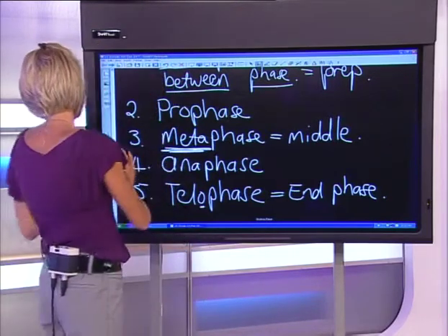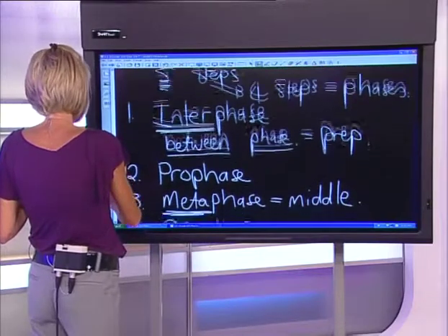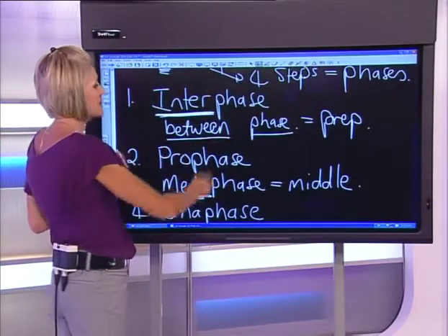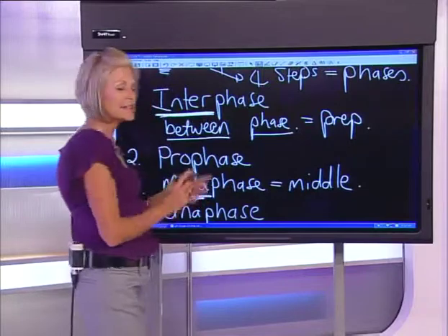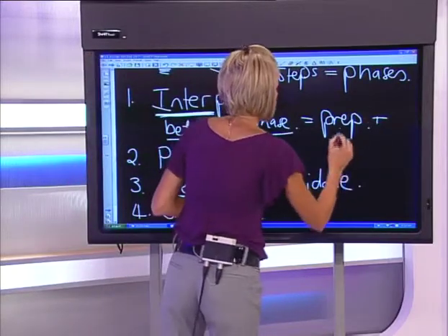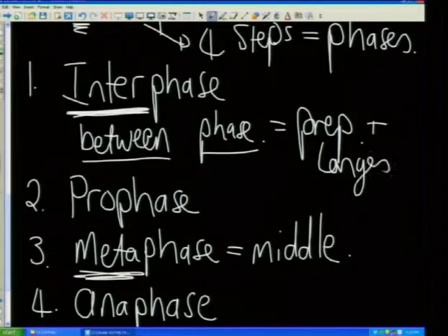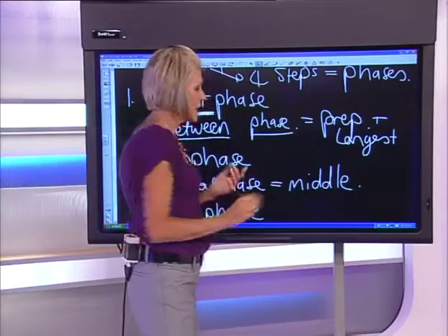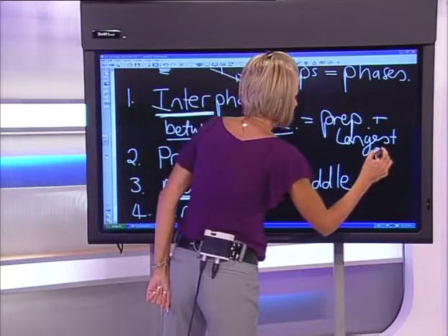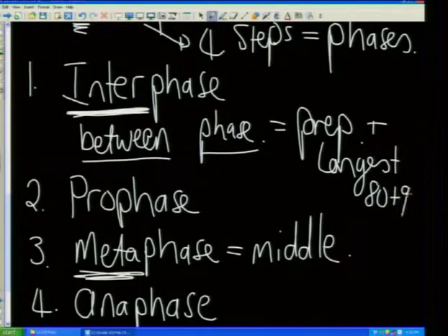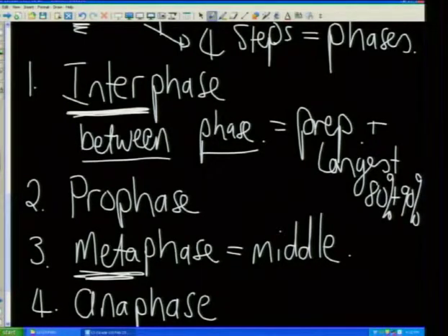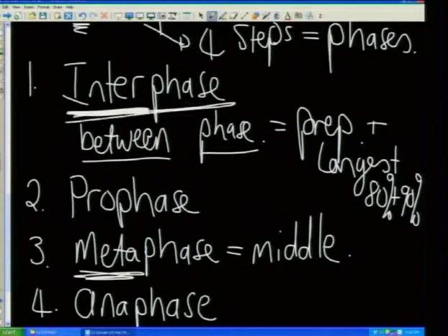All right, so we've got interphase. It's the between phase. It is the preparation phase. It is also the longest phase. It takes up between 80 and 90% of the time, your interphase.